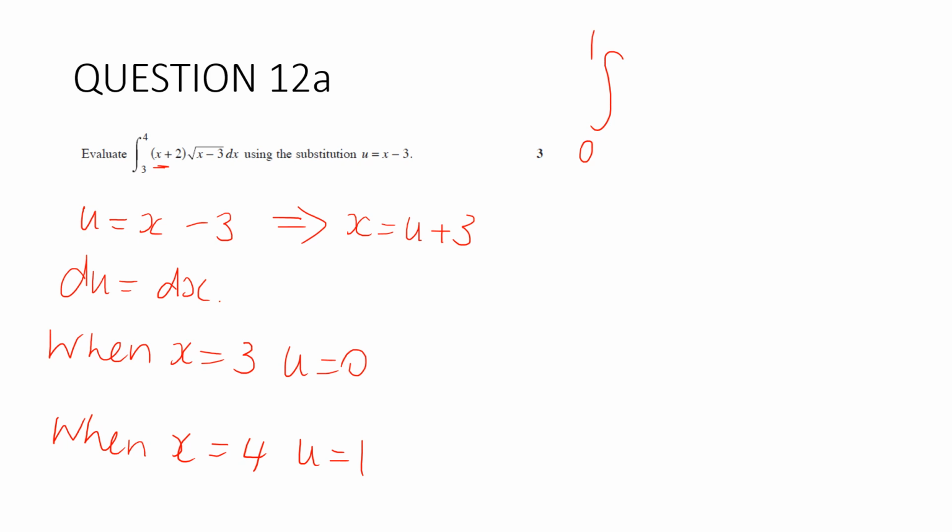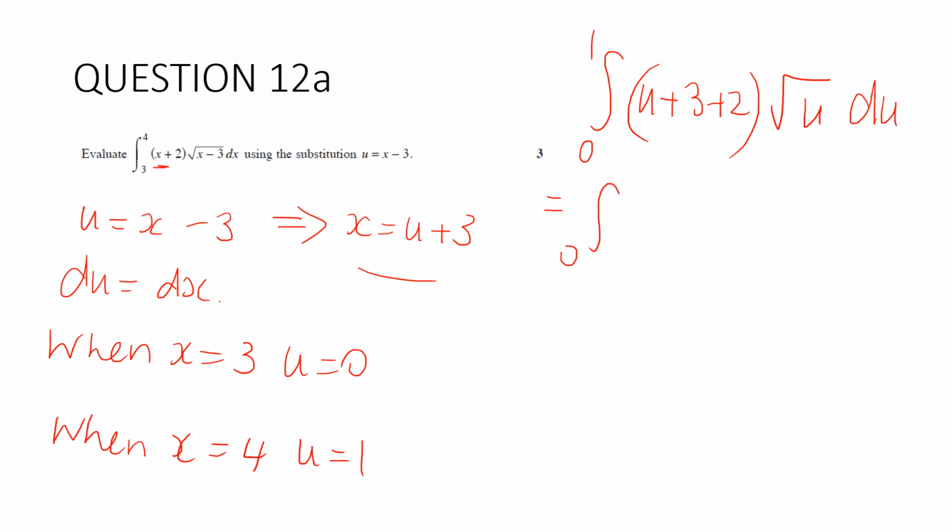So x plus 2 is going to be u plus 3 plus 2, square root of u. Instead of dx, we have du. So just tidying that up, 0 and 1, we have got, and I'm going to expand it out, u square root of u, plus 5 square root of u du.